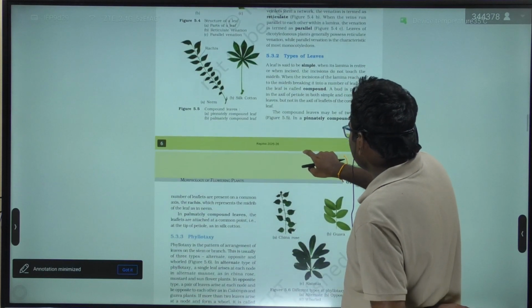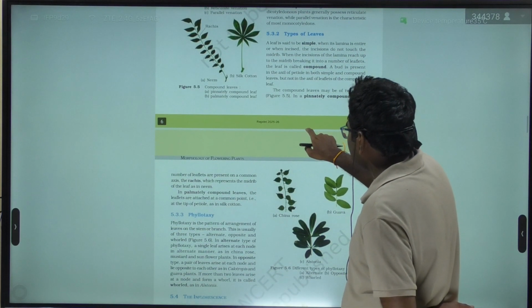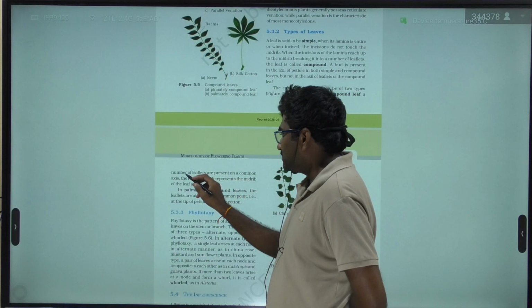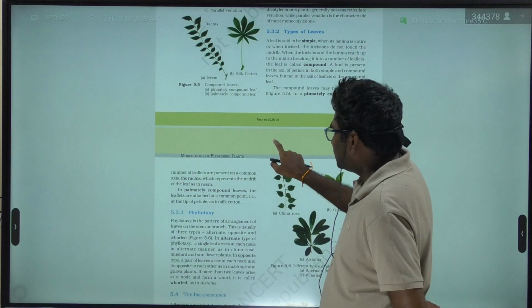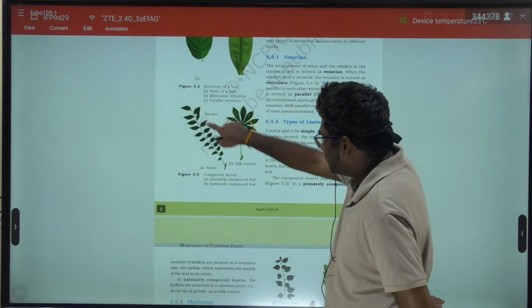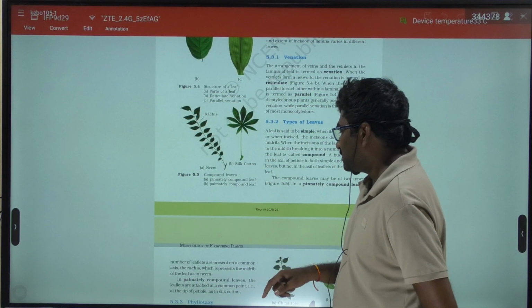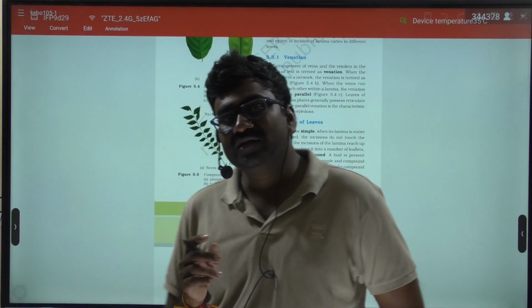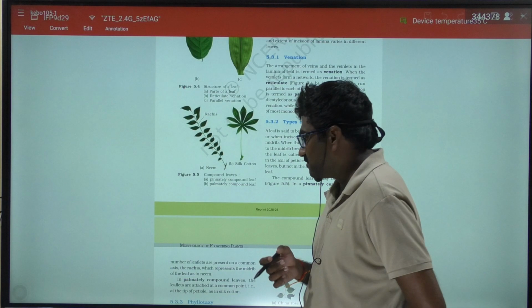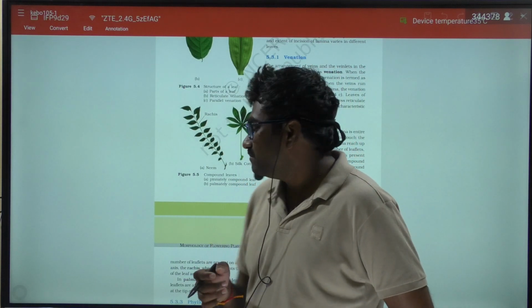In a pinnately compound leaf, a number of leaflets are present on a common axis. That common axis is known as the rachis, which represents the midrib of the leaf, found in neem. The scientific name of neem is Azadirachta indica.